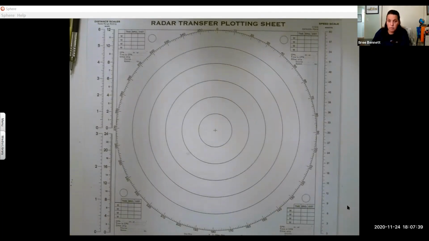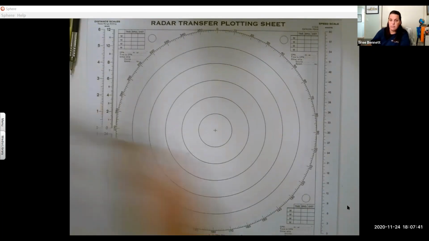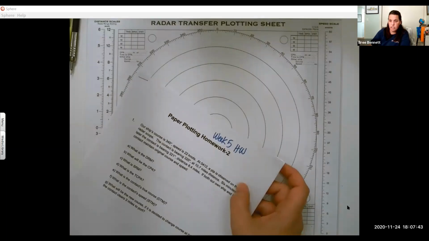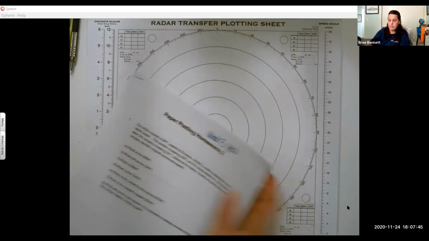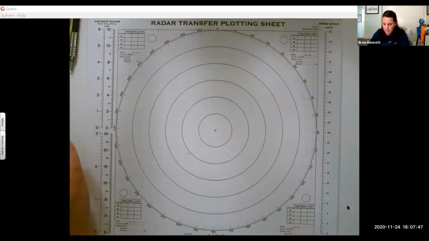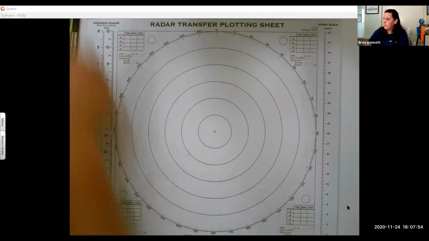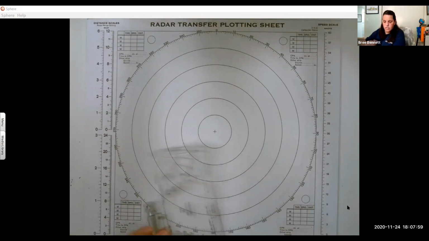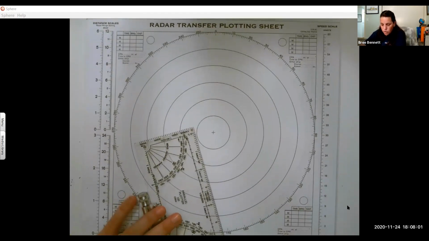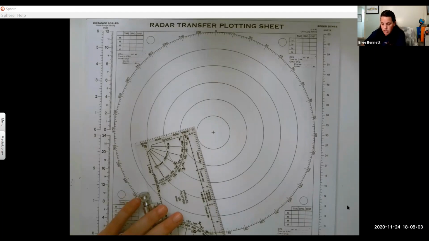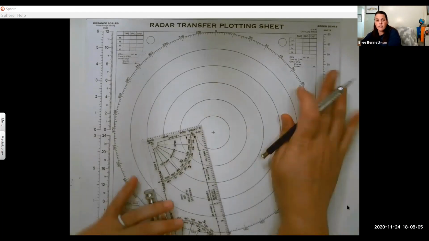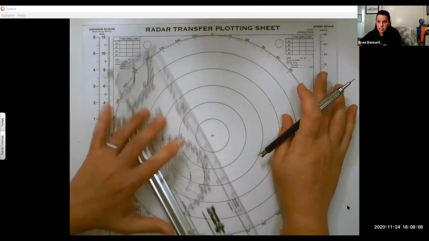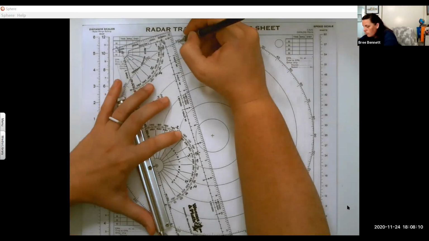So for number 1, looking at homework 2, and this is a single contact, I think. We're just reviewing our steps. Here we go. It says our ship is on course 340 at a speed of 22 knots. So I'm going to mark my heading flasher of 340.